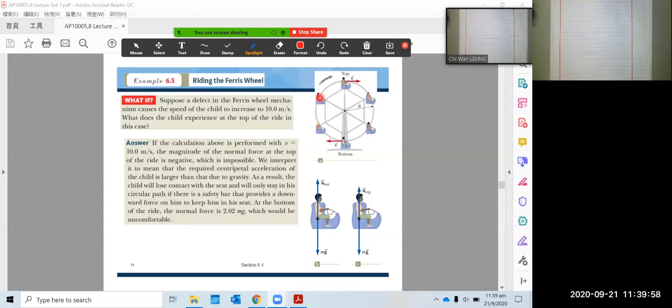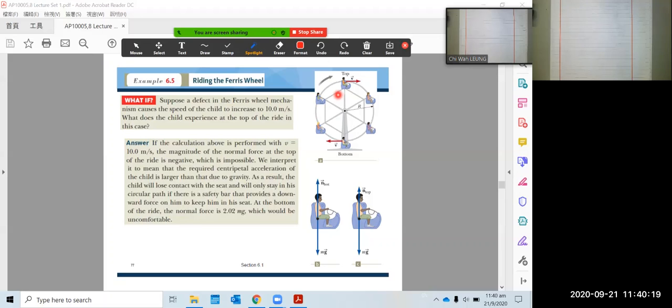The resultant force is due to the weight as well as the reaction force in the case of a Ferris wheel. Or in the case of the object tied to a string, like in the quiz question, it would be coming from the weight as well as the tension in the string.